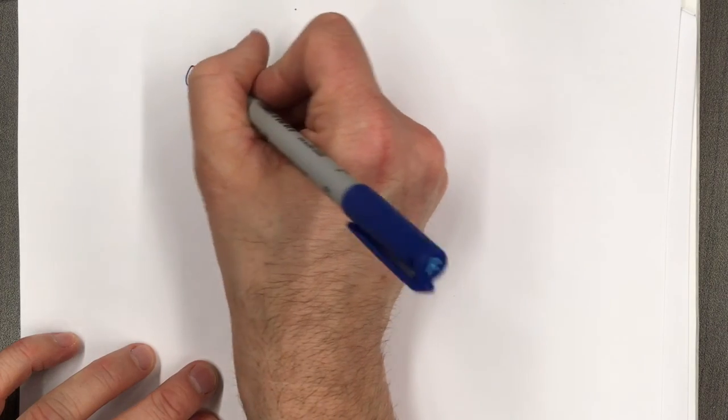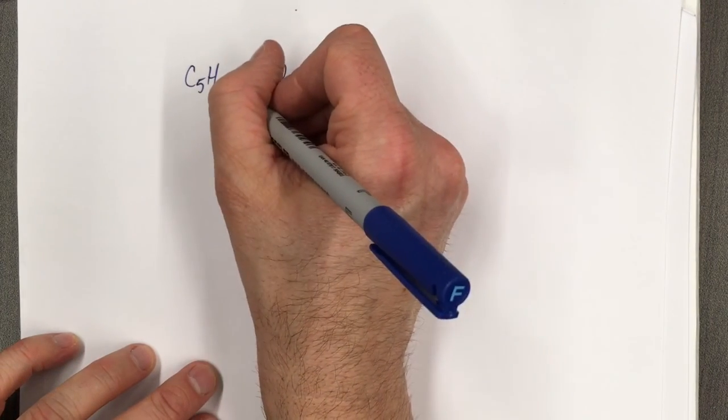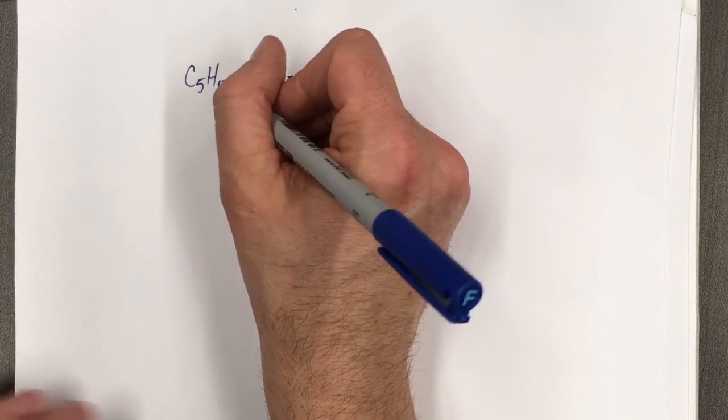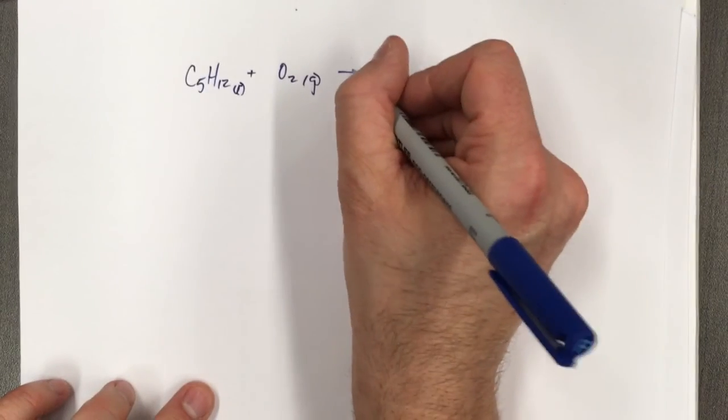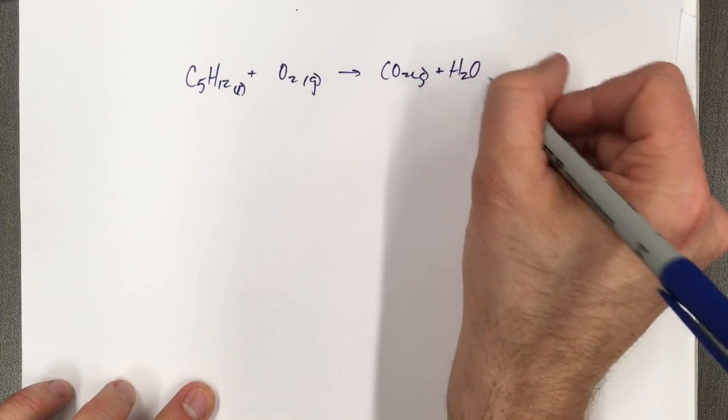So if I have pentane and oxygen gas, I think pentane's a liquid. Pentane is a liquid, and oxygen gas to make carbon dioxide gas and water vapor.